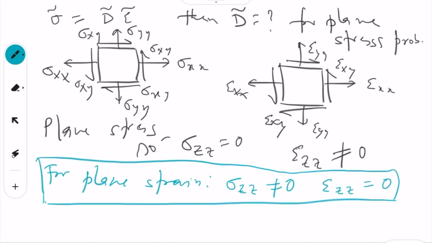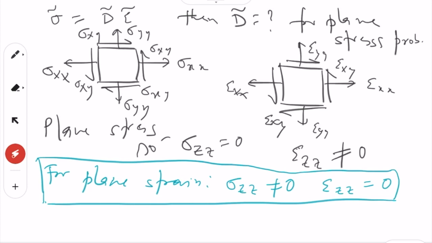Anyway, we are going to concentrate on plane stress only. There is a difference in D basically. So for plane stress we will derive D in this lecture video. For plane strain, please refer to the book, where the D matrix is given for the plane strain problem. Okay, so coming back to plane stress.